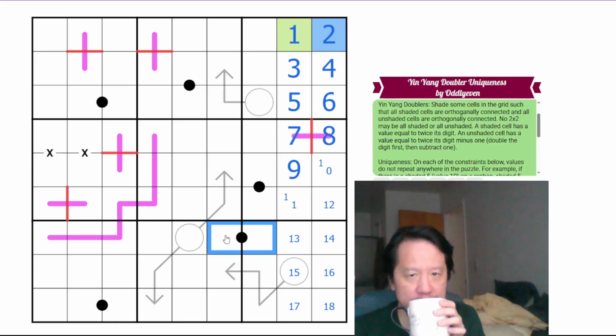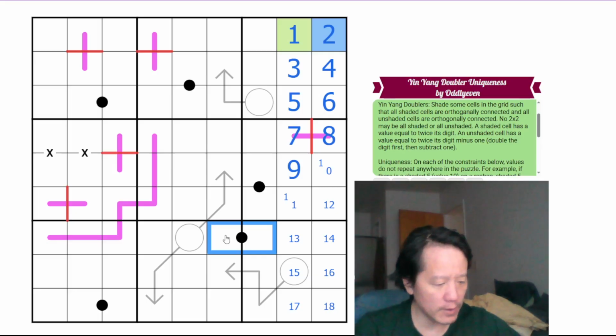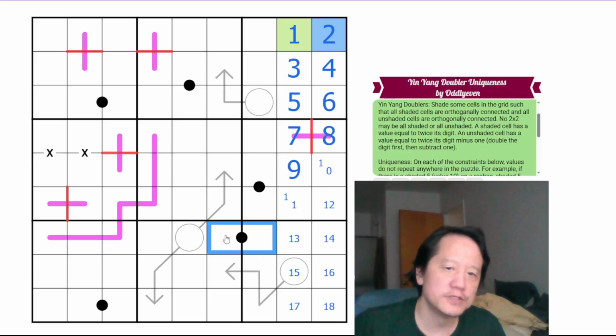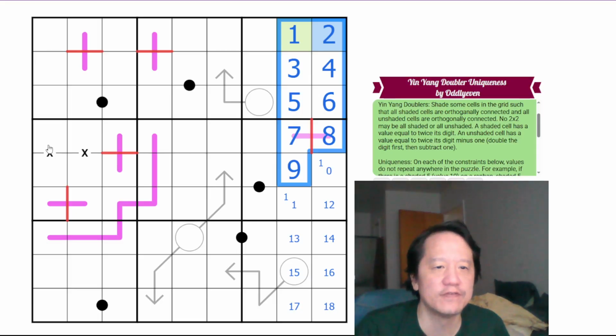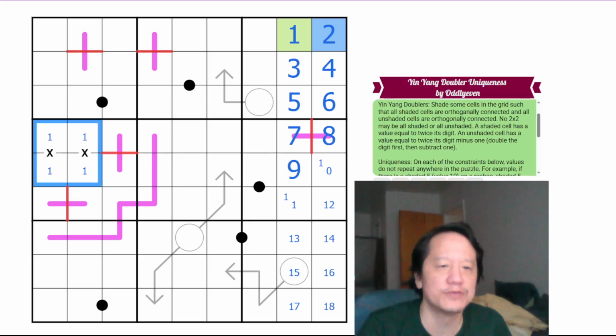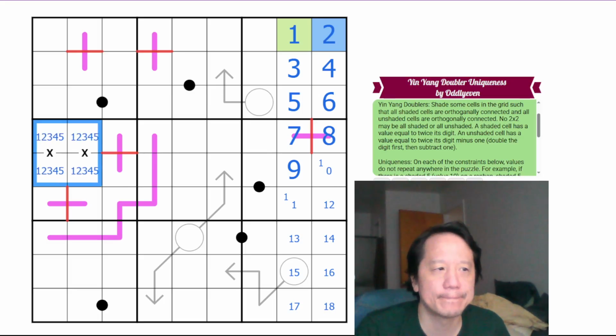How about adding up to 10? So to add up to 10, you have to have the values 1 through 9, which are the digits 1 through 5. So these have to be 1 through 5 here. It cannot be 5 by itself.